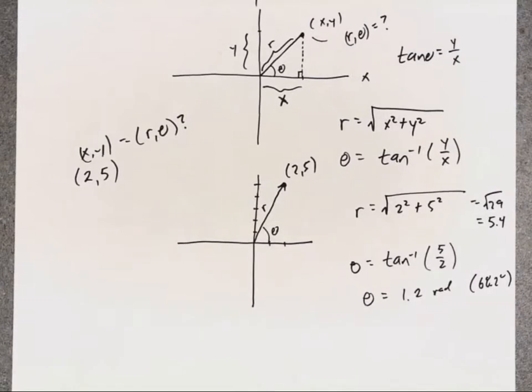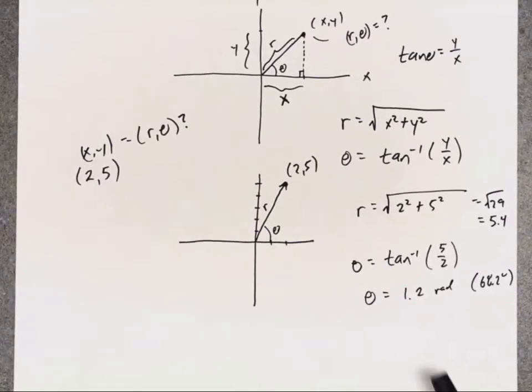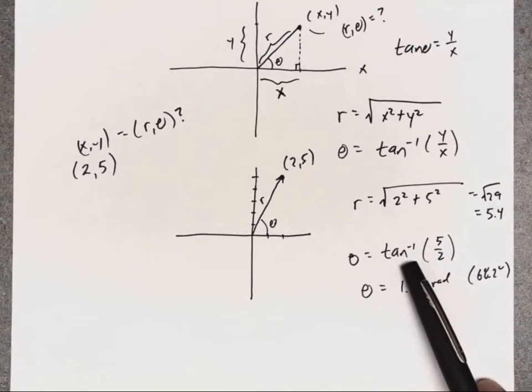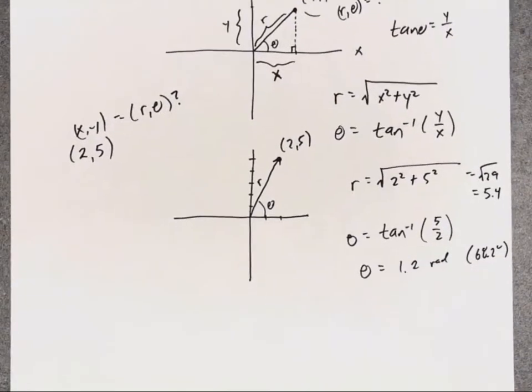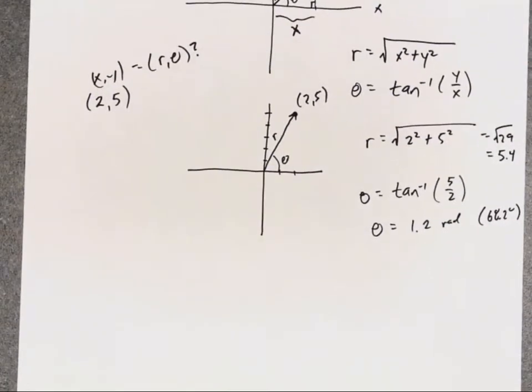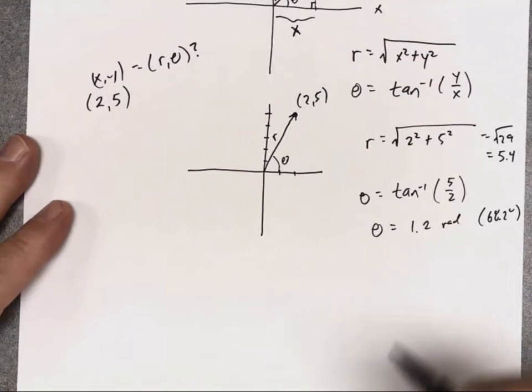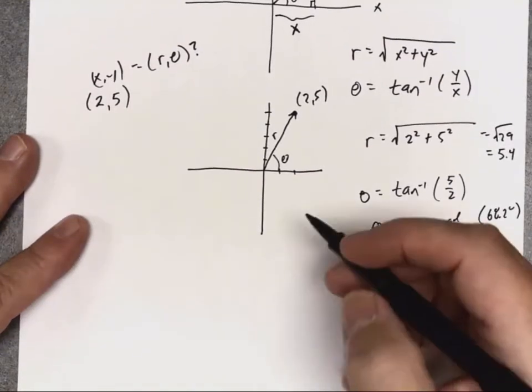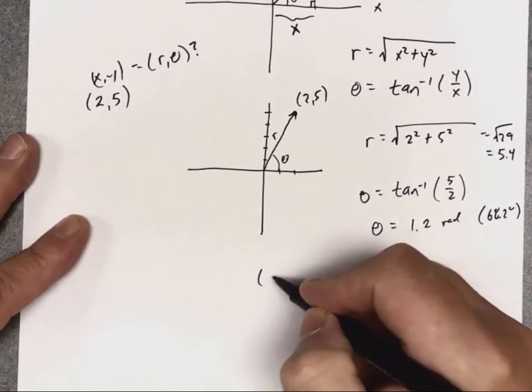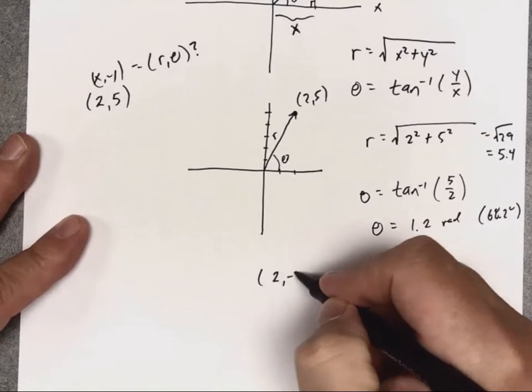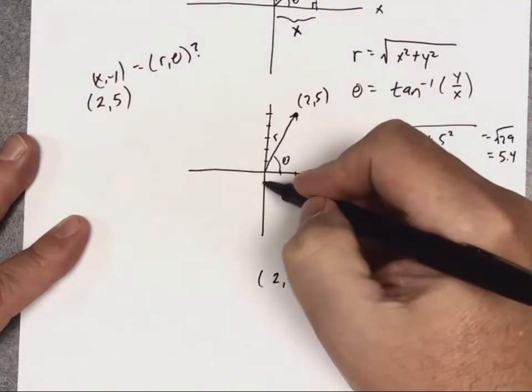All right, not too difficult. Now the one thing is you got to be careful. We're working again with inverse tangents. So just for fun, let's do one more. How about I have the point 2, -3.